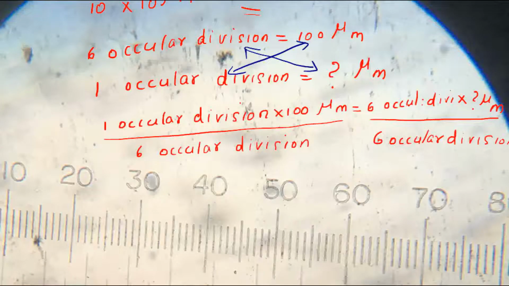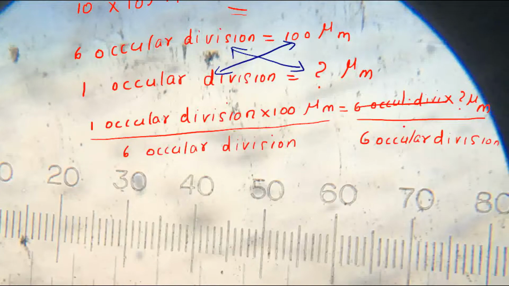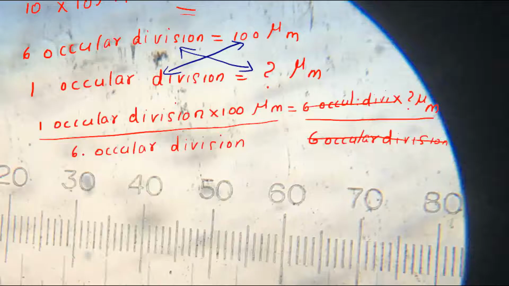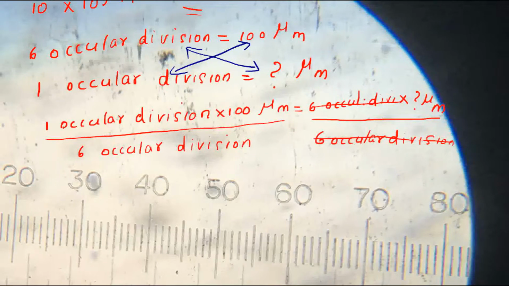Then we can cancel this 6 ocular divisions and this 6 ocular divisions. Here this ocular division and this ocular division we can cancel.